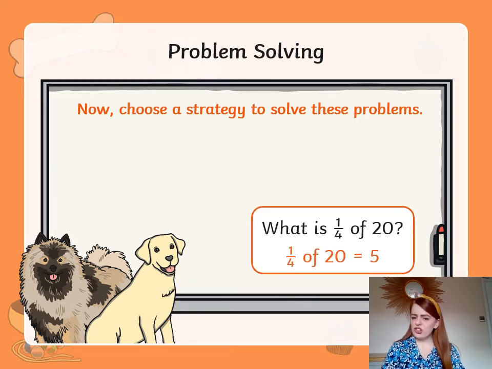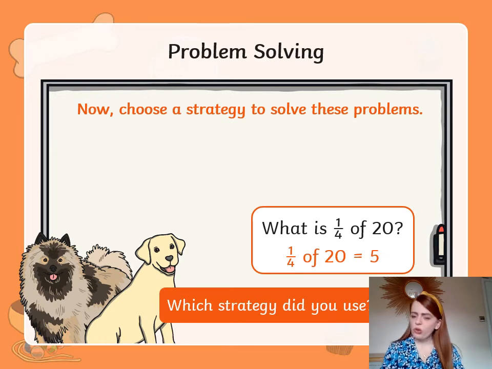Now, the next question is, what is 1 quarter of 20? So you might want to use your tables knowledge for this one. You might be thinking, well, 4 times what equals 20, or 20 divided by 4 is what? You might be drawing this one out. Okay, so pause the video, have a go and try and solve this problem and press play when you are ready.